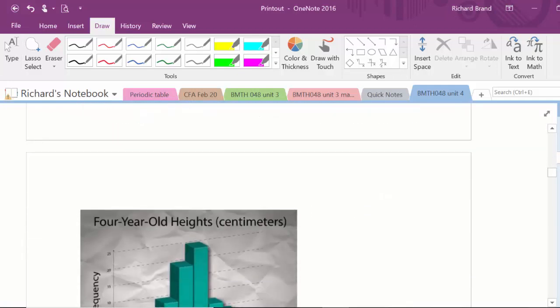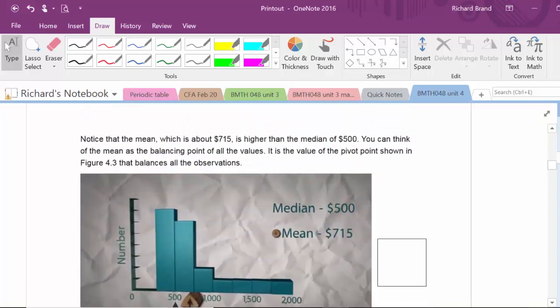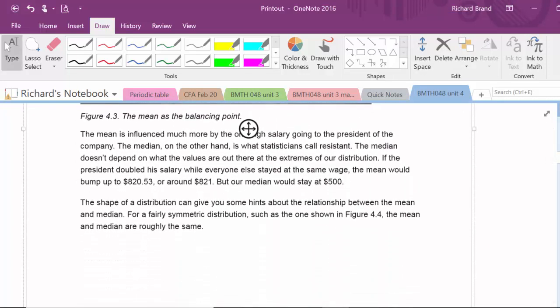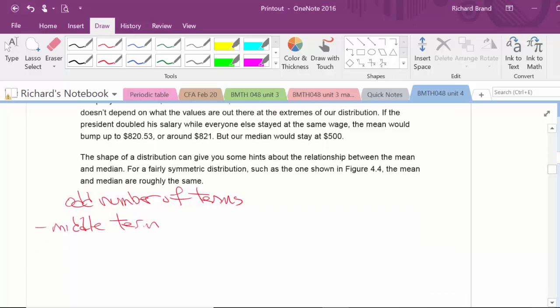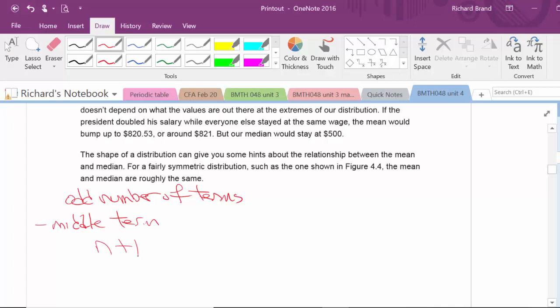Now, the median is the middle value in the distribution, and they talk about that in the video. If you have 19 terms, such as in the video, your median, your middle term, will be just one number. So, odd number of terms, the middle term will be given by the formula n plus 1 divided by 2.